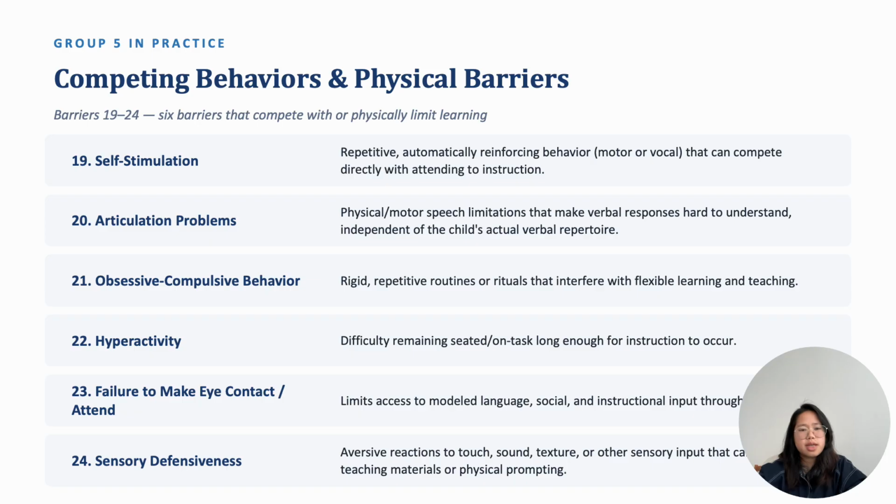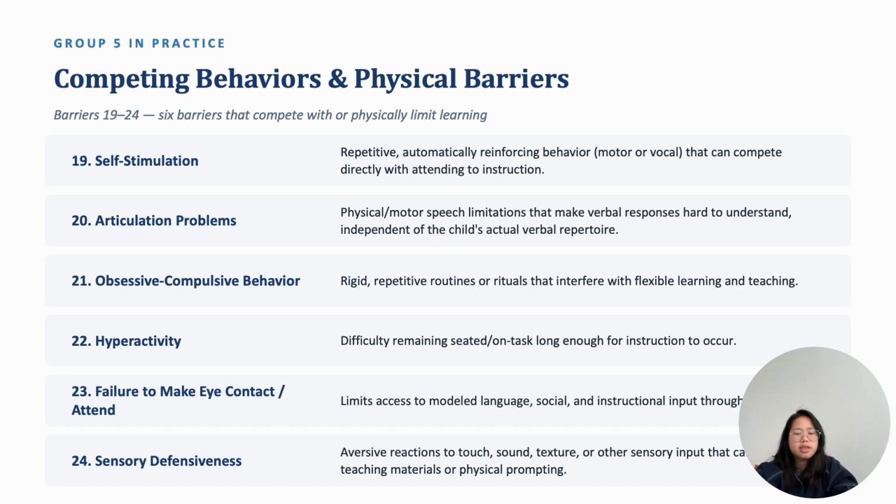And the next one is hyperactivity, meaning difficulty remaining seated or on task long enough for instruction to actually occur. The next one is failure to make eye contact or attend to people, which limits a child's access to modeled language, social cues, and instructional input all day long, and not just during formal teaching sessions.